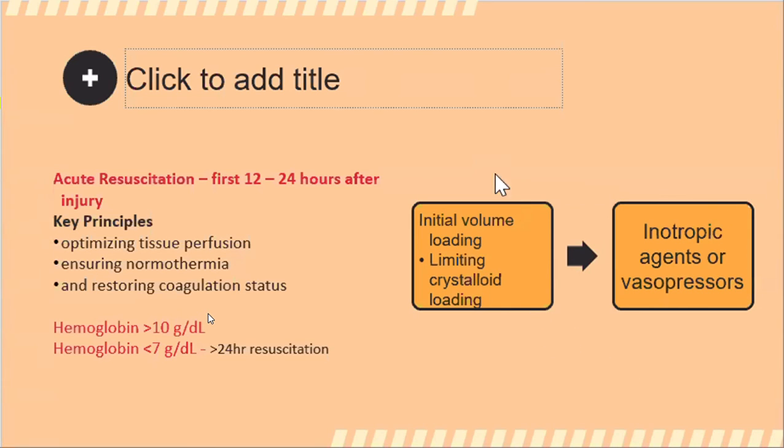So yun, yung initial na management natin is volume loading. So we infuse crystalloid. But if the patient is unresponsive, after volume loading, we can start your pressors, your inotropes or vasopressors. And if the patient is having hemorrhagic shock, other than infusing your crystalloids, we can start your massive transfusion protocol. So we transfuse blood instead.